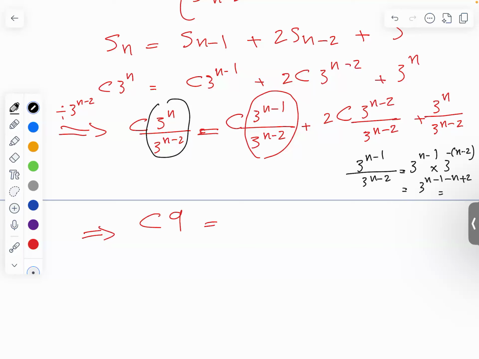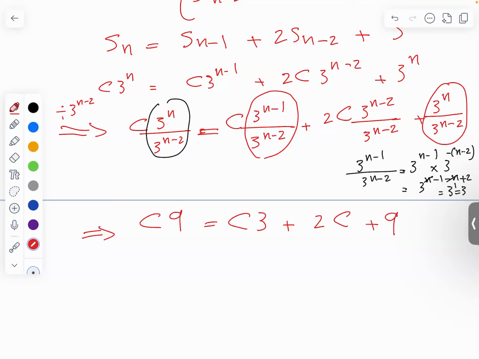What's this one? Power 1, 3. C times 3 plus 2 times C. And this one has been discussed, 3 power 2 or 9.